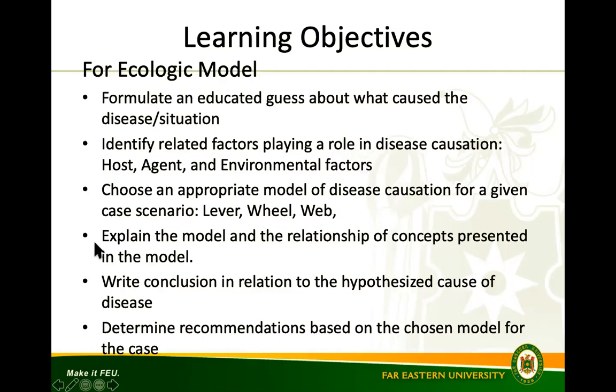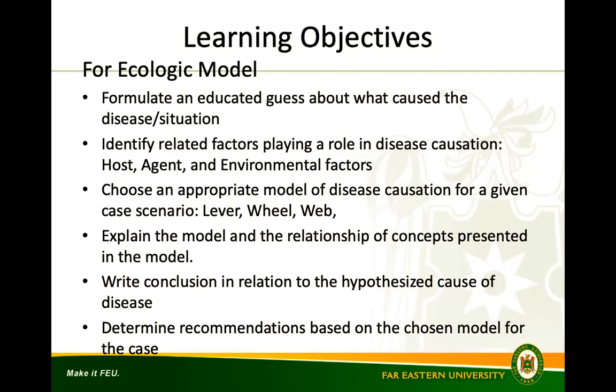Next would be to explain the model and the relationships of the concepts presented in the model. Then write your conclusion in relation to the hypothesis, your educated guess about the cause of disease. And lastly, determine recommendations based on the chosen model for the case, anchored also on scientific literatures. All right?